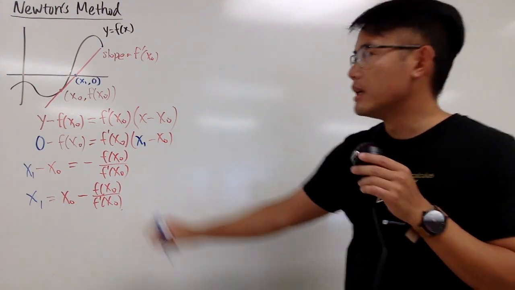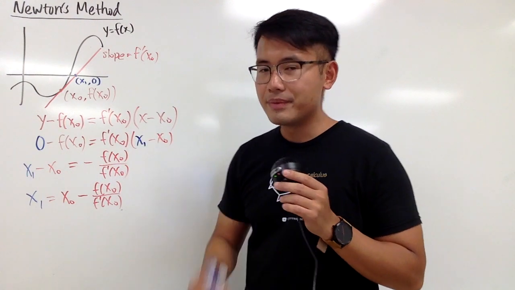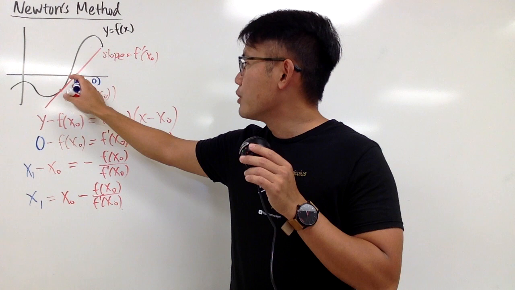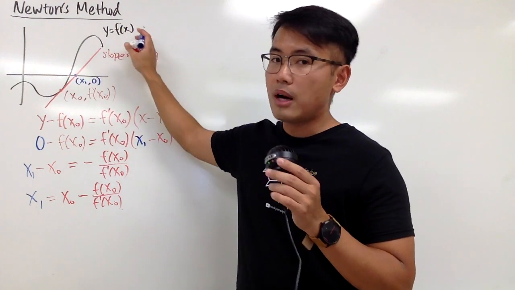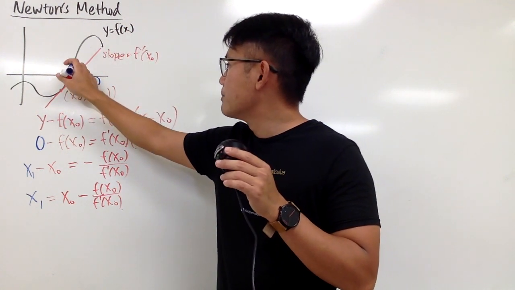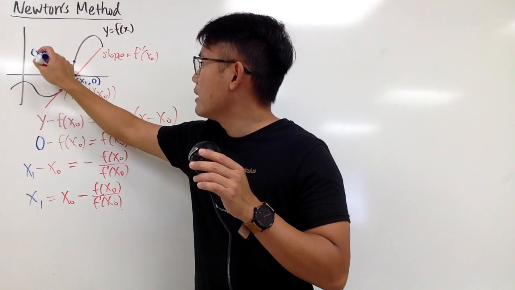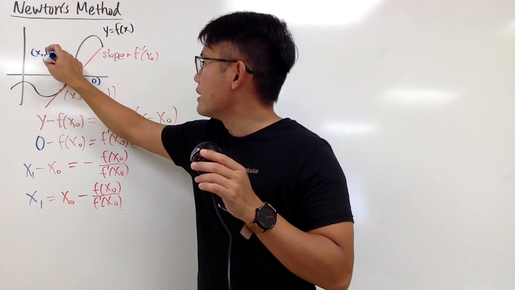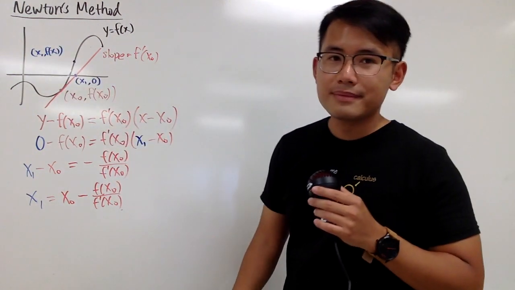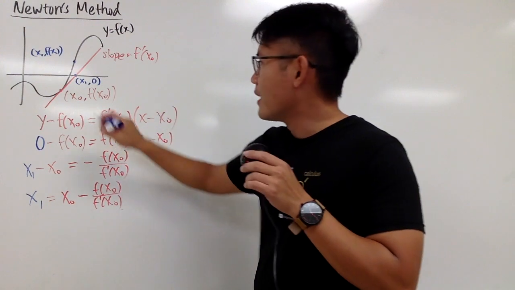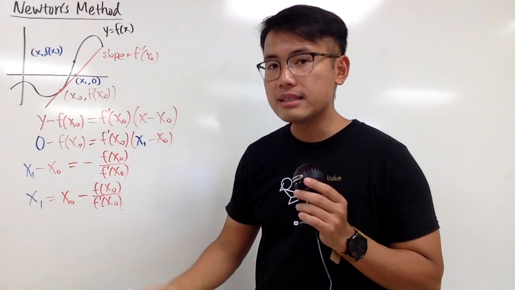Well, how can we do better? Now, I will look at this as my new x value, and then I'm going to plug that into my function. So I will have this point here, and this point is just going to be x1, comma, f of x1. And then from here, I'm going to repeat the same process.